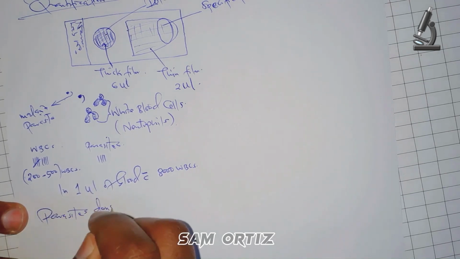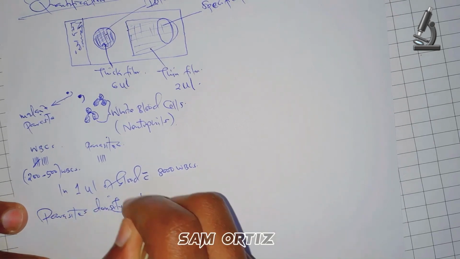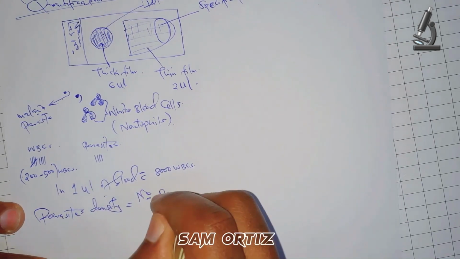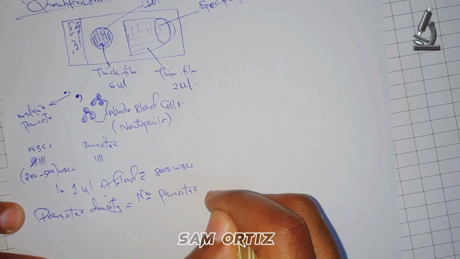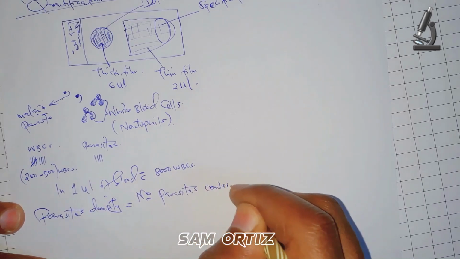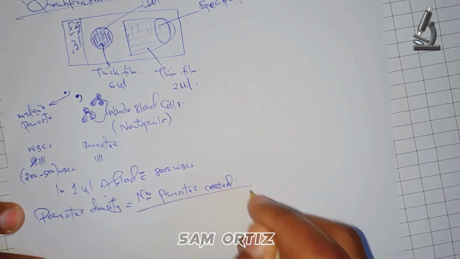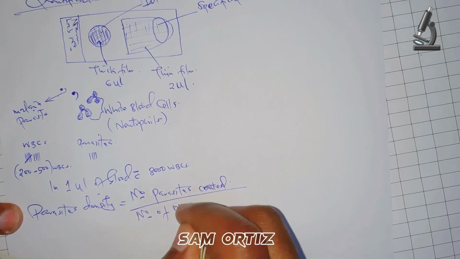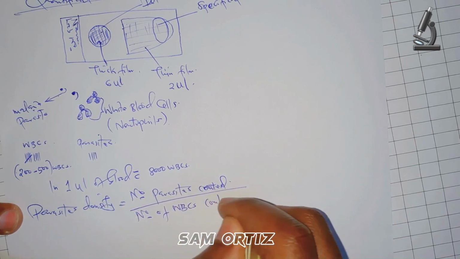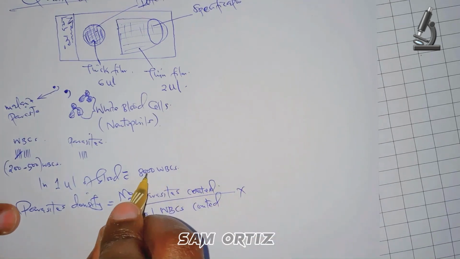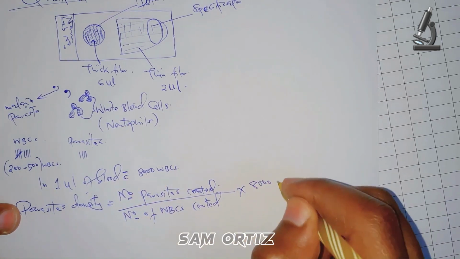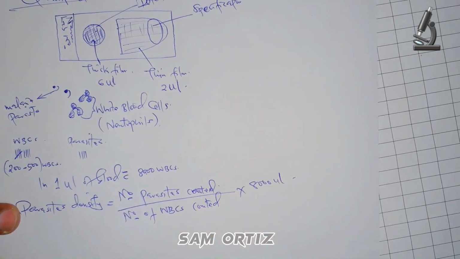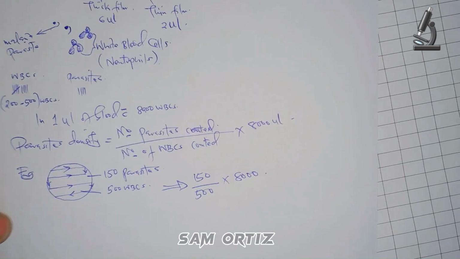With all this information, you can now calculate the parasite density in the slide that you made using the formula: number of parasites counted over number of WBCs counted, WBCs is white blood cells, times 8,000 WBCs. So these will give you number of malaria parasites per 1 microliter of blood.